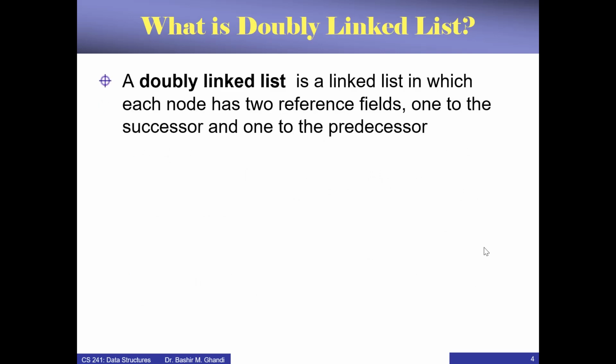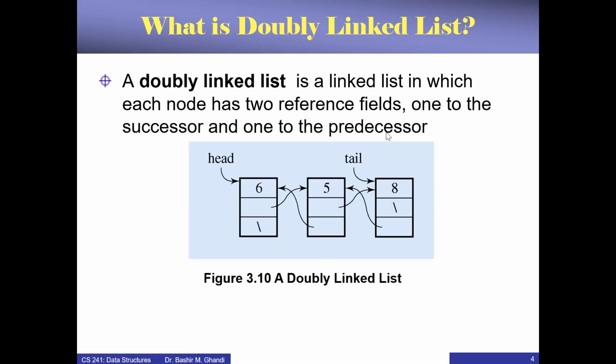So what is a doubly linked list? A doubly linked list, as I think we mentioned briefly when we were defining link structure and then linked list and then singly linked list, is a linked list in which each node, in addition to the data element, has 2 reference fields, one to the successor node and one to the predecessor node. Okay, this diagram shows how a doubly linked list looks.